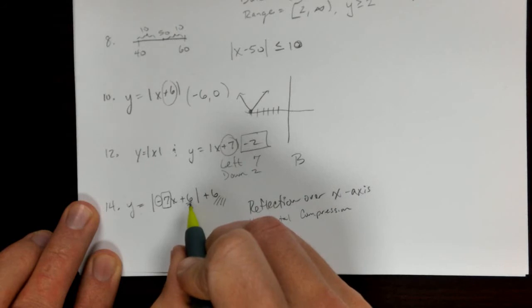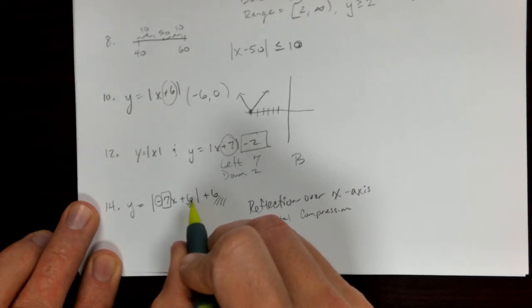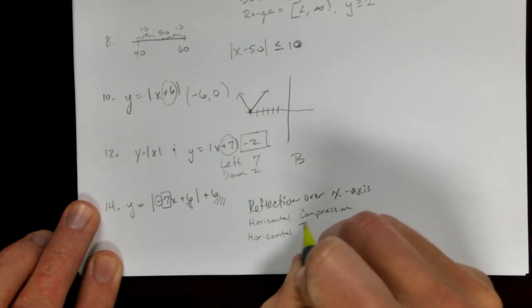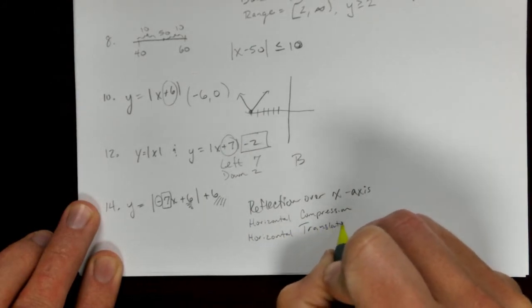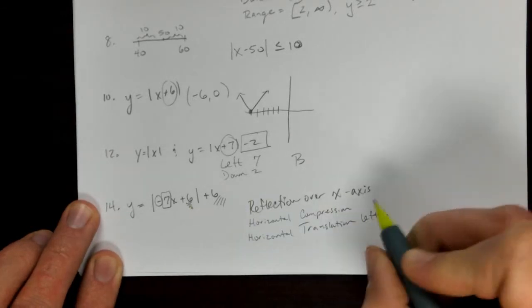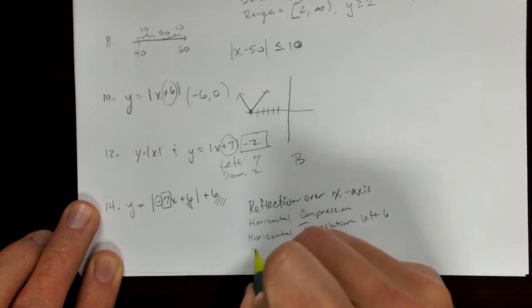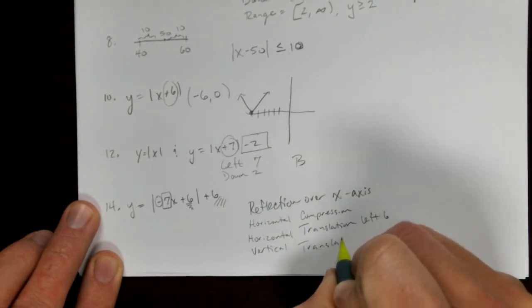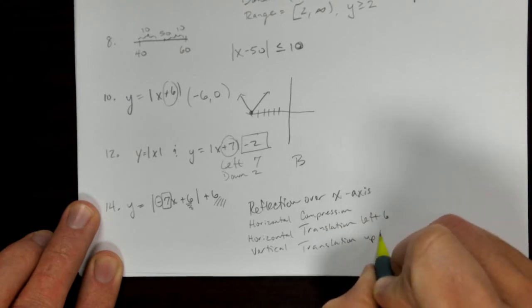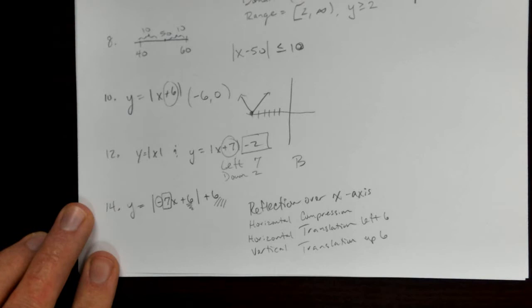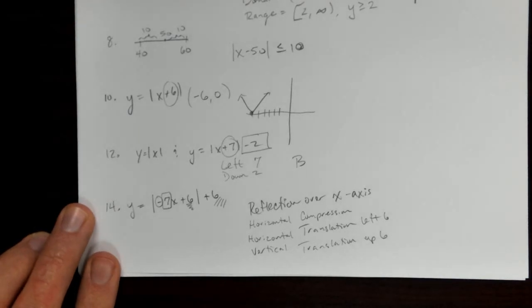Third one is a horizontal translation, just like we've been talking about. And we're going left because it's a positive, so left 6. And then a vertical translation, up 6. So those are my 4 different transformations for number 14.